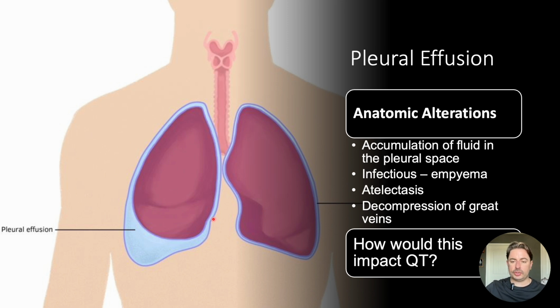So if the heart is straining like that, what do you think is happening to the cardiac output? Yeah, we're definitely going to see that cardiac output start to decrease. What's the heart rate going to do to try to compensate for the decrease in stroke volume? Yeah, we're going to see that heart rate increase.